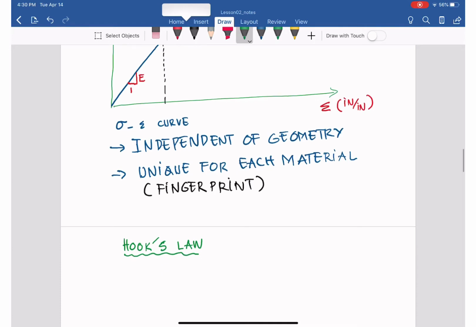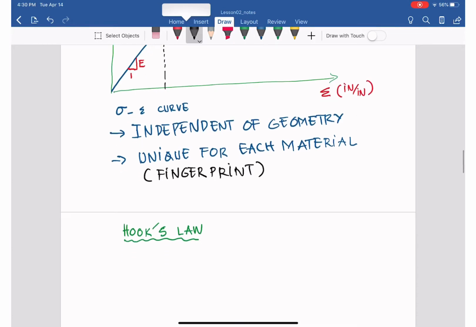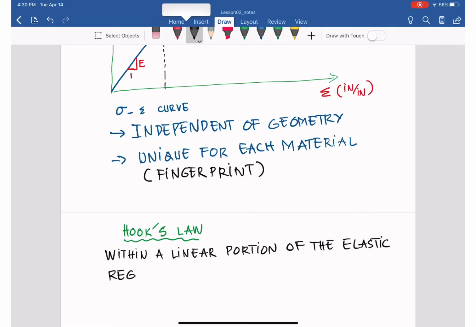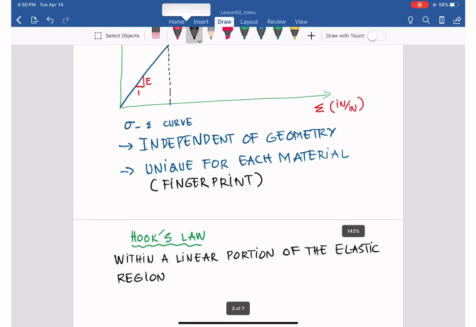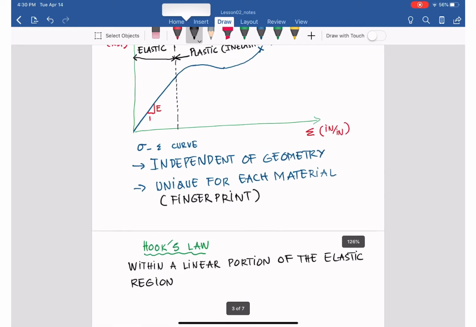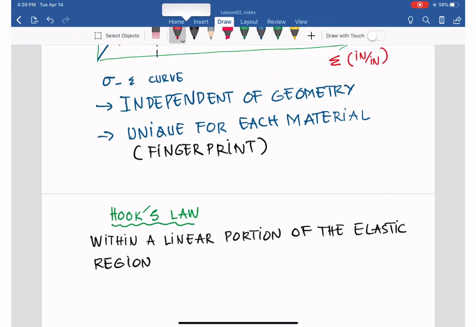So within a linear portion of the elastic region that we saw in the normal strain curve, what do we have with Hooke's law?